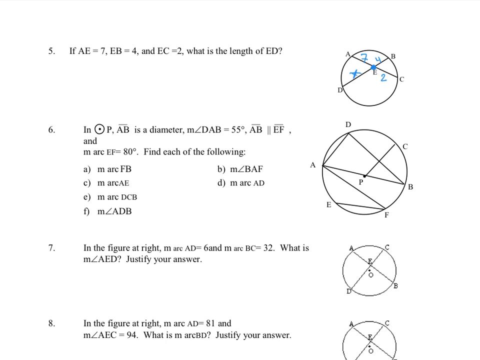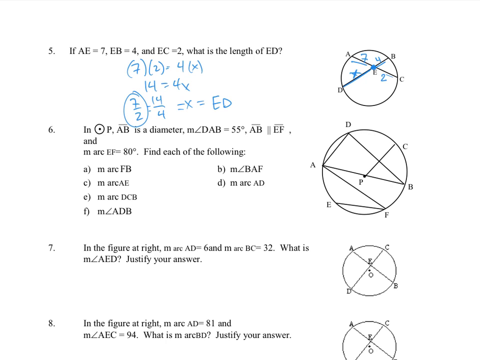So we set this up as 7 times 2 equals 4 times X. This times this equals the other 2 multiplied. So we end up with 14 equaling 4x, so x will be 14 over 4, which is 7 over 2. That is the length of ED.